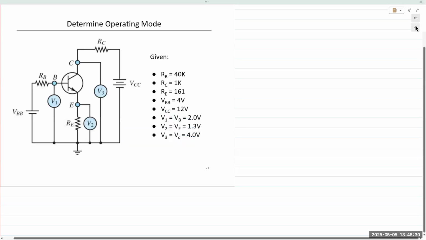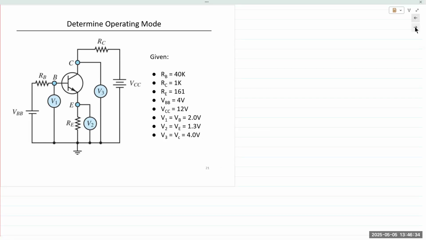All right, let's talk about how we can determine the operating mode of a transistor based on the biasing. As a recap, there are three modes of operation, three regions of operation for a transistor.